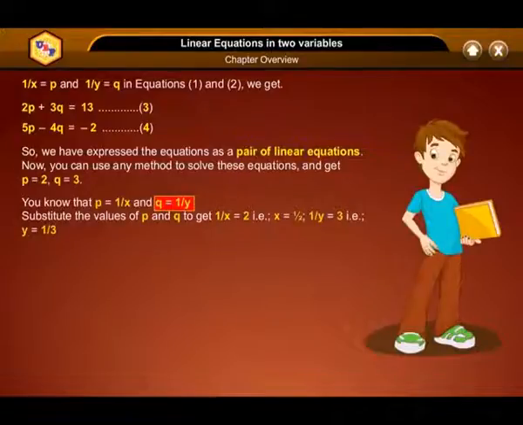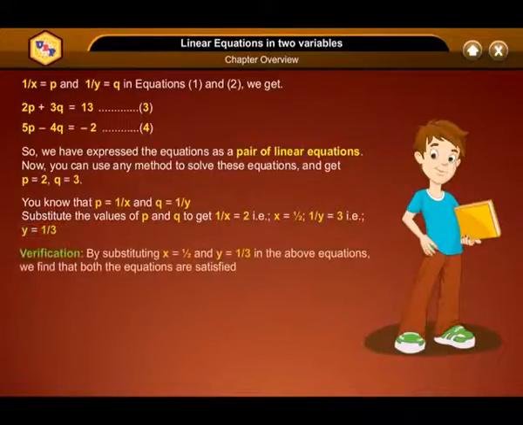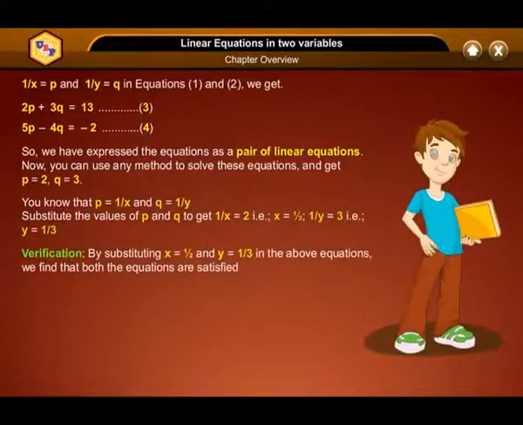Substitute the values of p and q to get 1/x = 2, that is, x = 1/2. 1/y = 3, that is, y = 1/3. Verification. By substituting x = 1/2 and y = 1/3 in the above equations, we find that both the equations are satisfied.